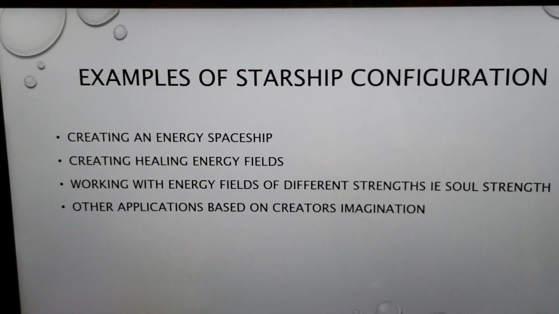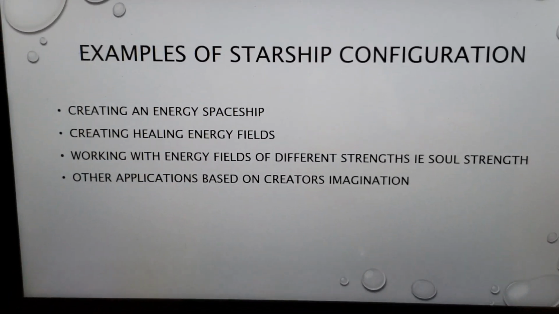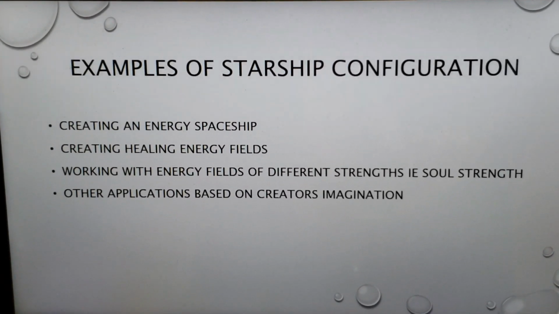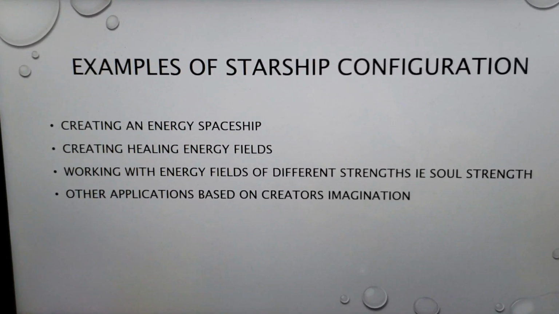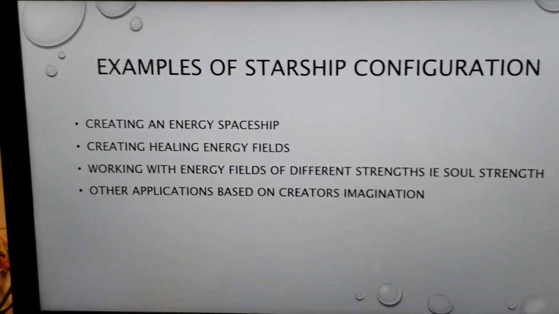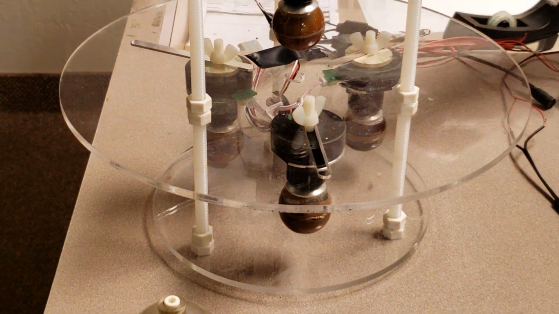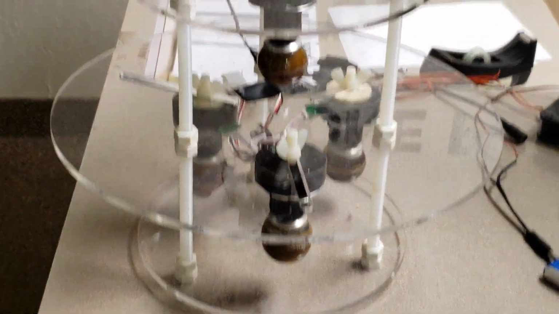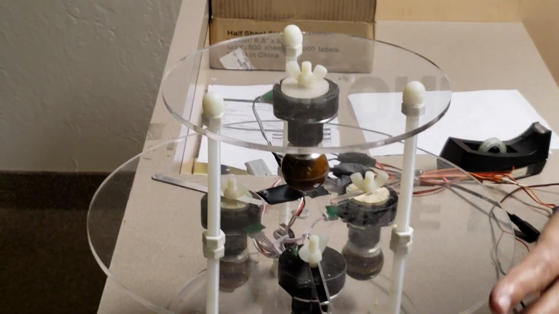So some examples of where you might use a starship formation: if you're creating an energy spaceship, we create strong magnetical fields here, gravitational fields here, and we build our spaceship.